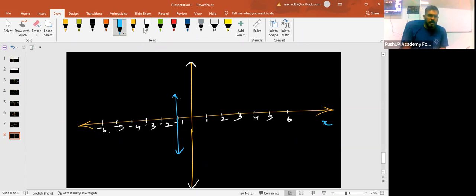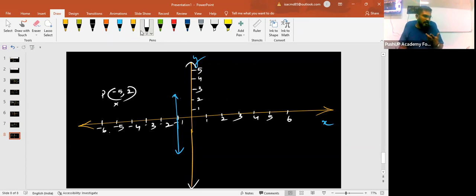And let me give you a point over here, P: -5, comma 2. I want you to reflect this point in the blue colored line and give me the coordinates of P dash.